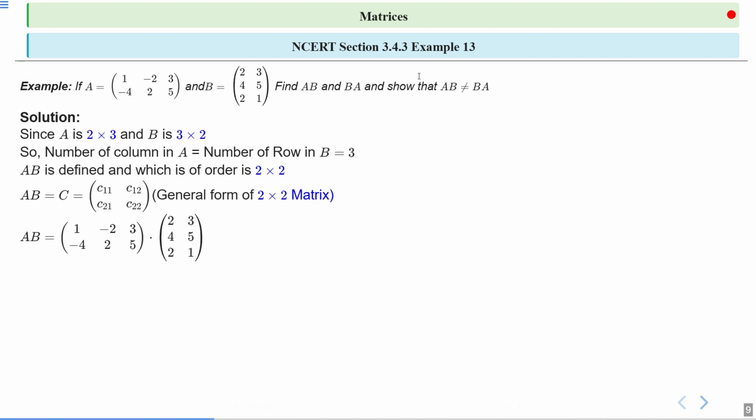Now let's perform the multiplication. So we multiply matrix A, which is 1, minus 2, 3; 4, minus 2, 5, by matrix B, which is 2, 3; 4, 5; 2, 1. We'll calculate each element of the resulting matrix by taking the dot product of the corresponding rows and columns.